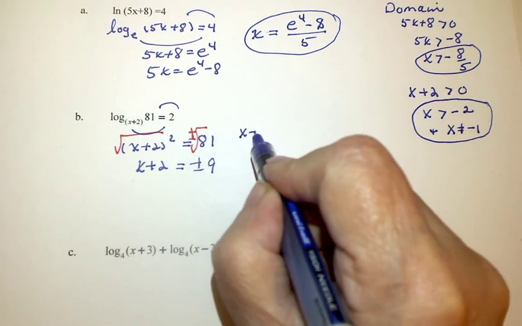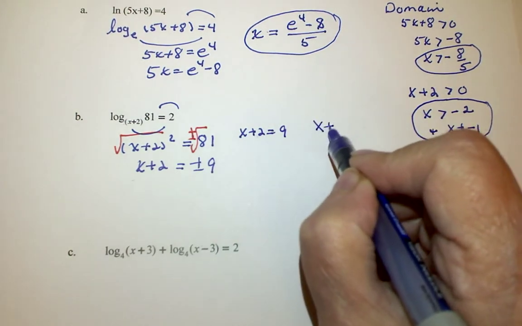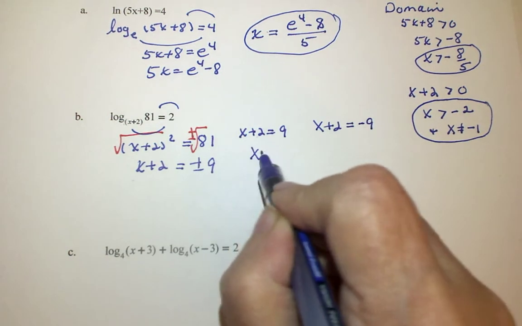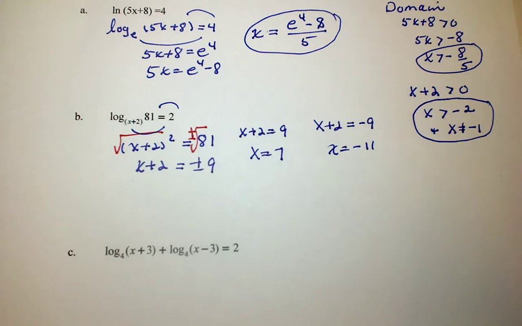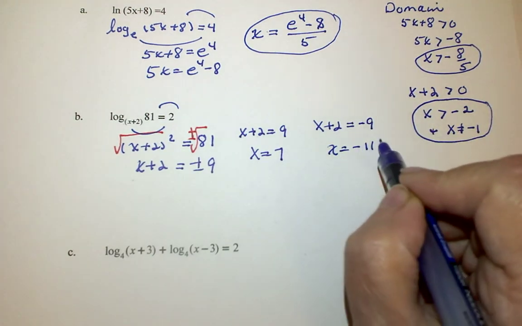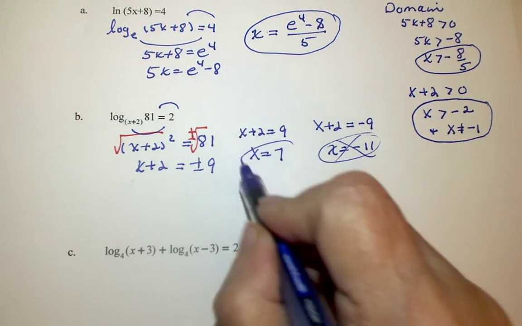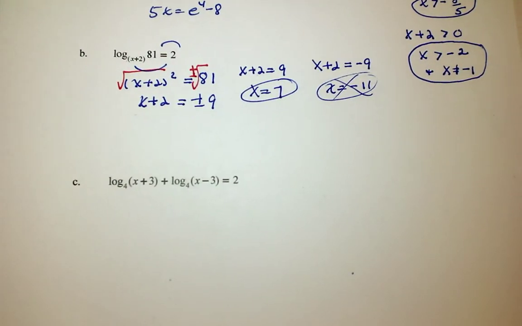So I'll get that x plus 2 equals 9, x plus 2 equals negative 9. x equals 7, x equals negative 11. Well, x can't be negative 11. So x is 7. x has to be bigger than negative 2.